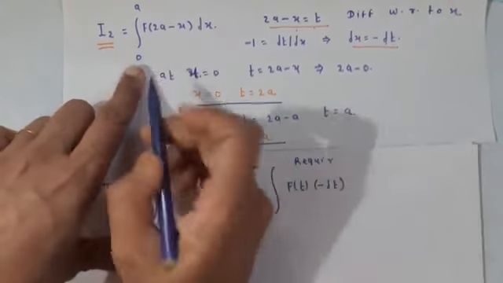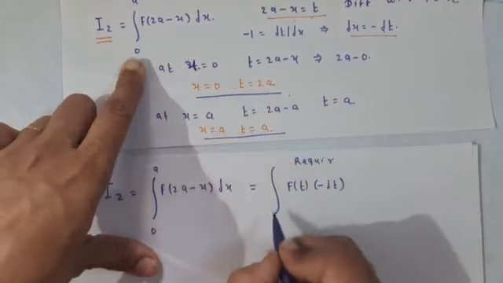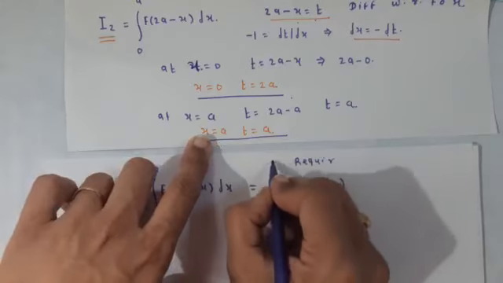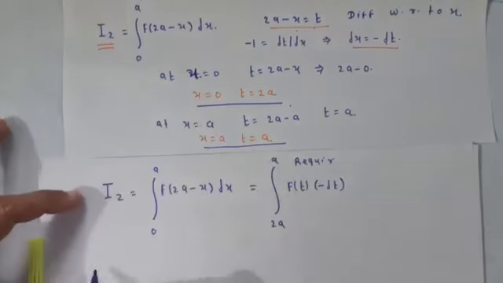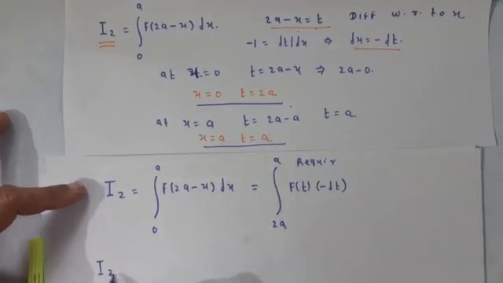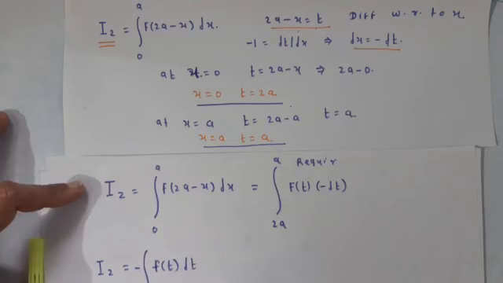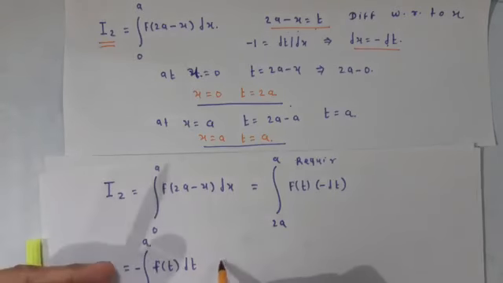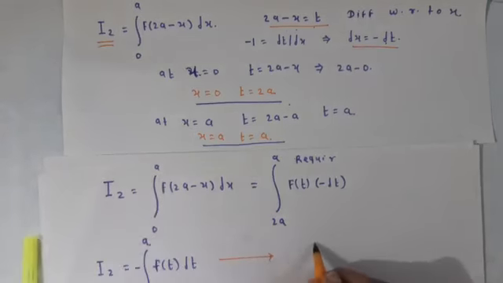Limits of integration: at x equal to 0, t equal to 2a; at x equal to a, t equal to a. Okay, and integration I2 is equal to plus minus f of t dt from 2a to a.